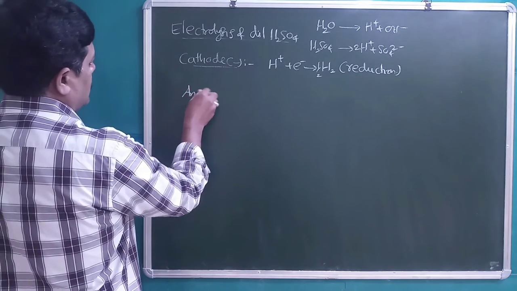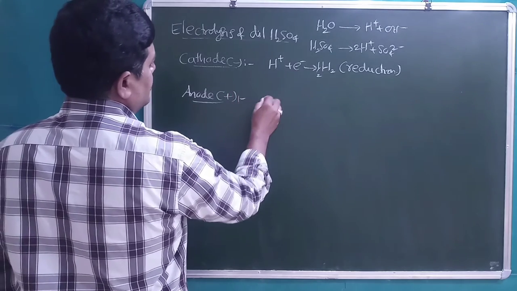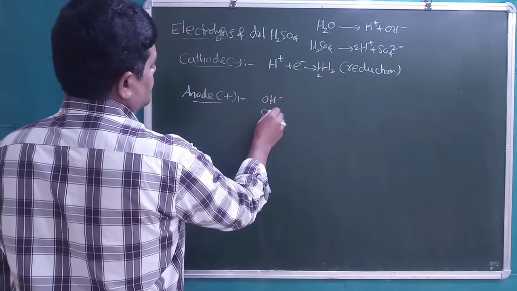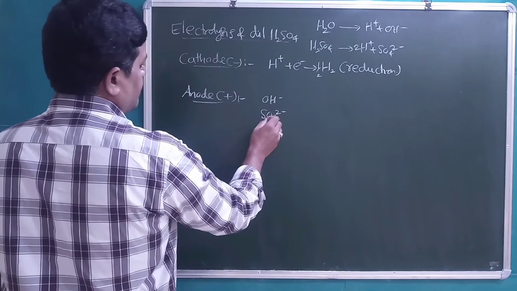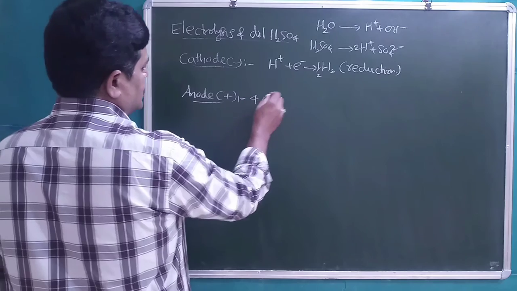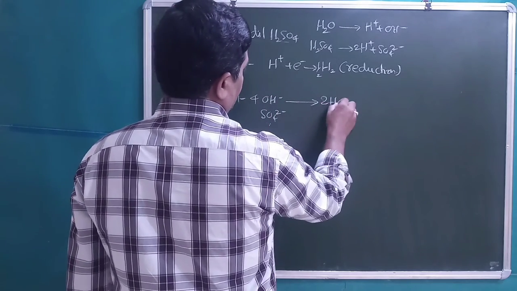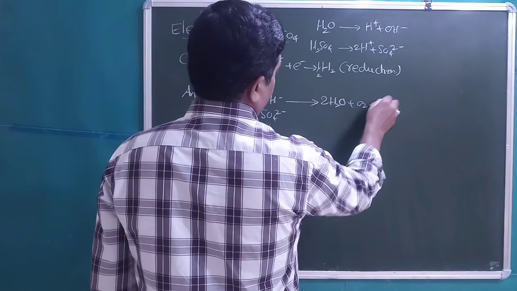But at the anode, the charge on the anode is positive, so there is a competition between OH minus and SO4 2 minus. Being a complex ion, SO4 2 minus won't discharge. Only OH minus will discharge: 4OH minus gives 2H2O plus O2 plus 4 electrons.